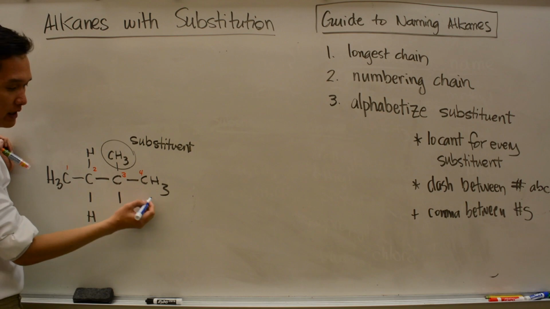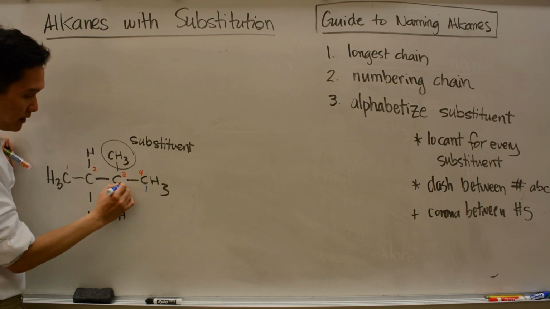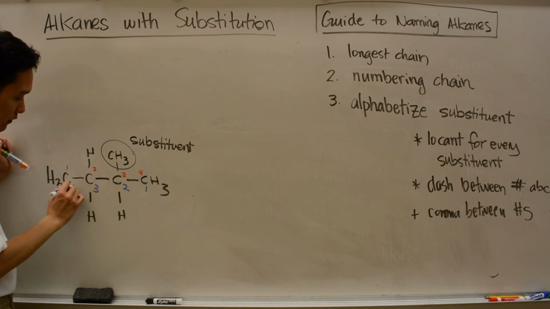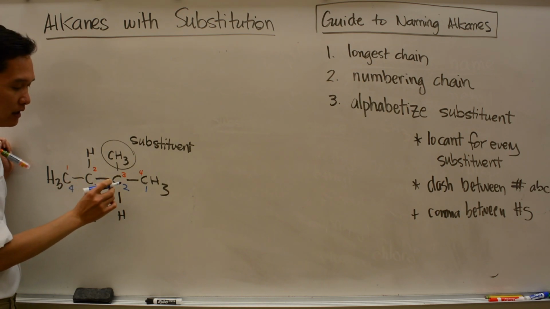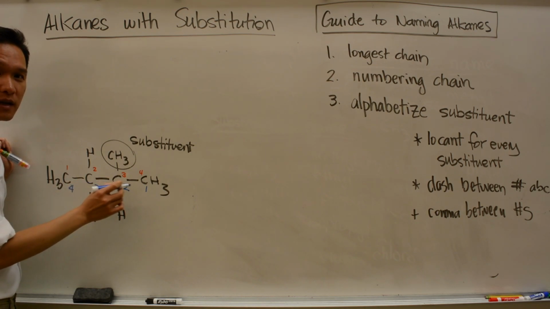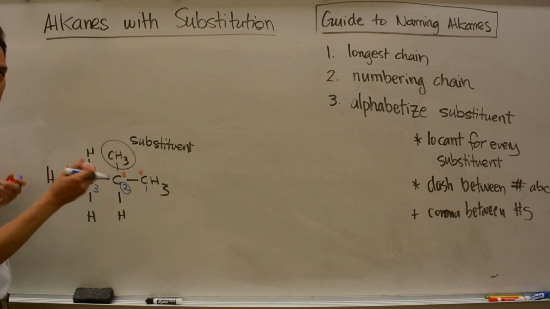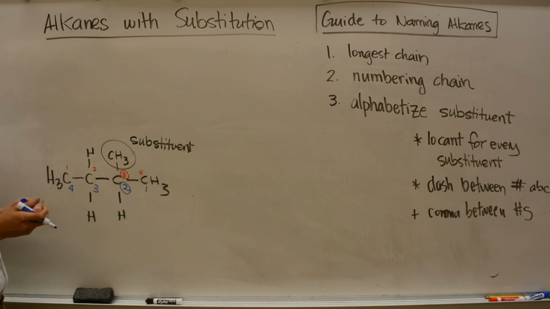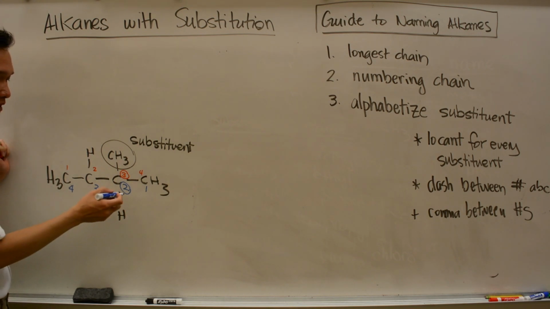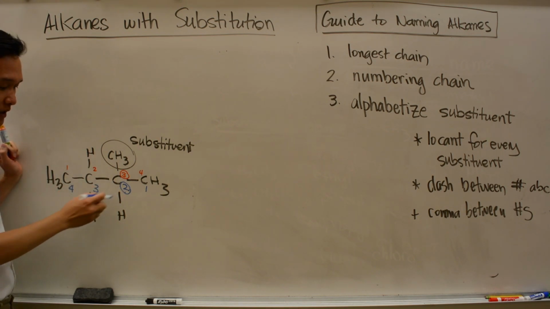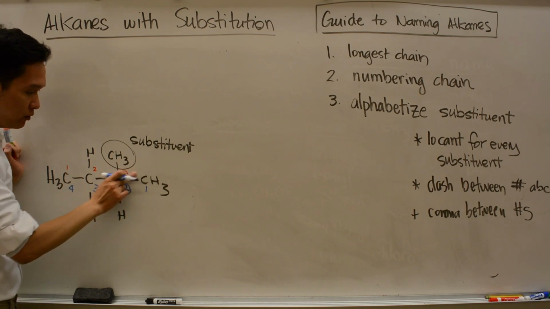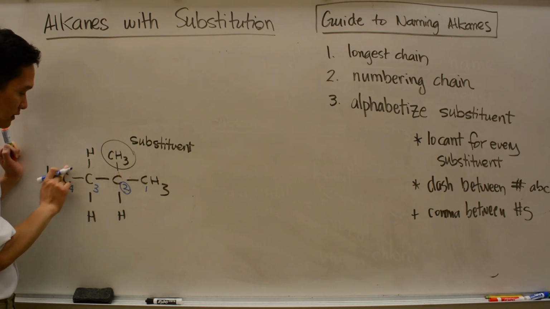So if I start from the right-hand side, this is my first carbon, my second carbon, my third, and my fourth. When do I see a substituent from the right-hand side? I see it at number 2. Versus, if you go from the left-hand side, it's at number 3. Right? So which side wins? From the right-hand side, because you see it as number 2. So then you would number it from the right-hand side.